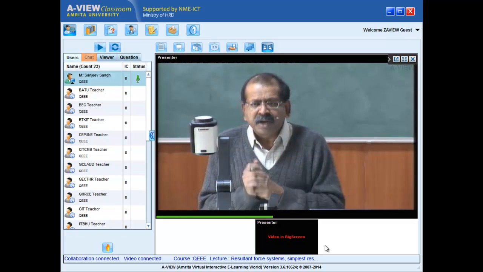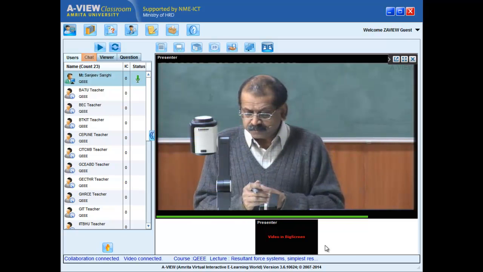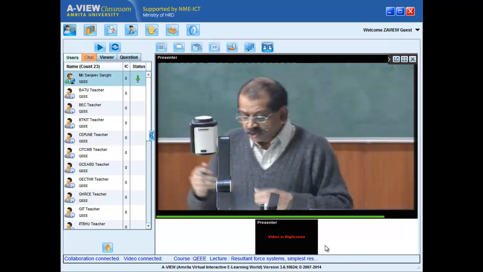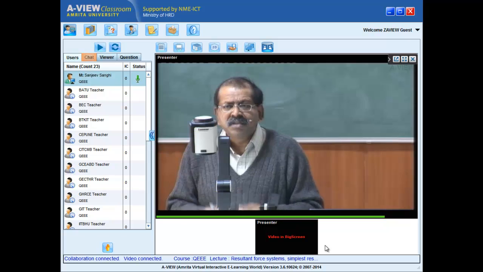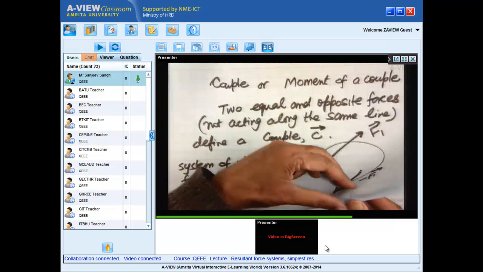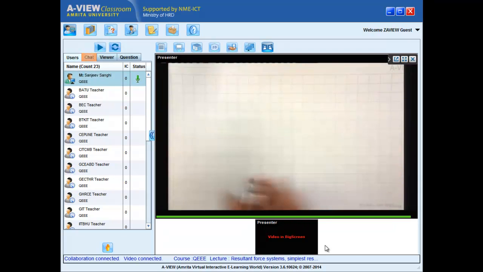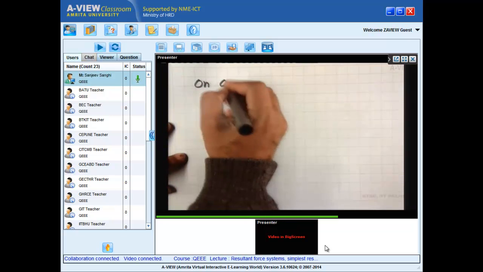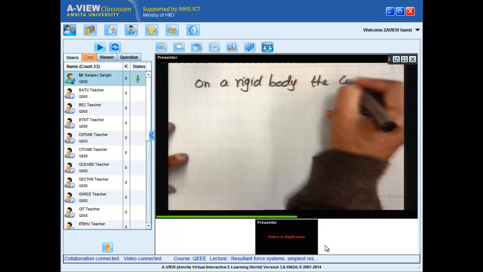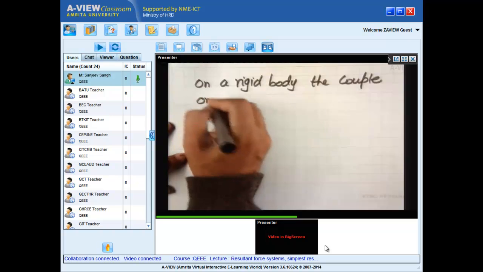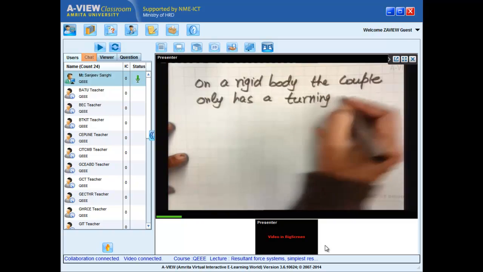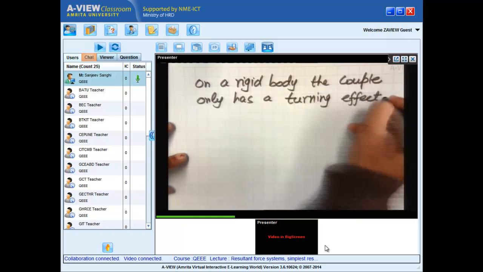Now, what is so special about a couple? If we look at the forces, the two forces are equal and opposite. So if I take a vector sum of these forces, that sum will be 0. So therefore, at least without illustrating, what I can show right now is that on a rigid body, the couple only has a turning effect.